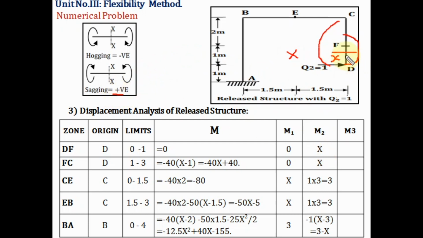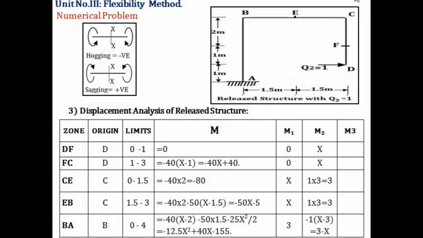So 1 multiplied by x, it is x. Now next we'll take the section in FC, measure x from point D, and the force will act like this. Again the nature of bending moment will be sagging, so 1 multiplied by the distance x, it will be x.